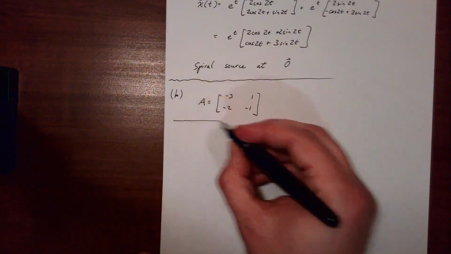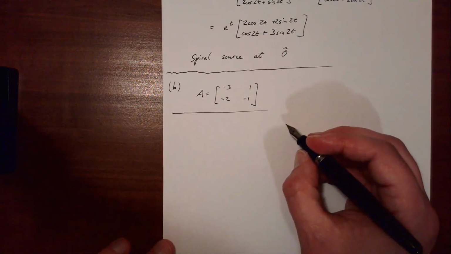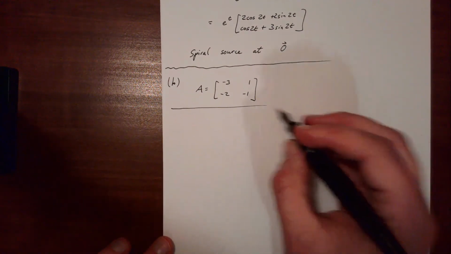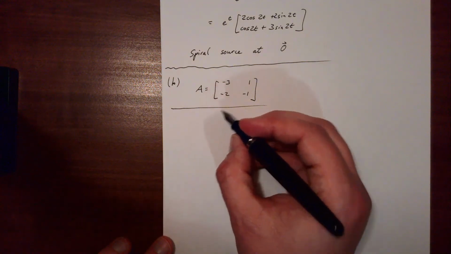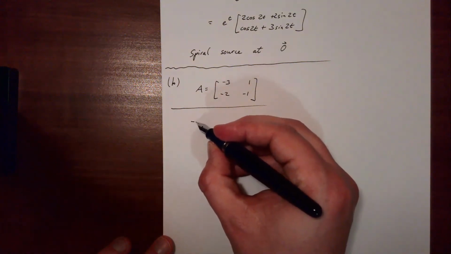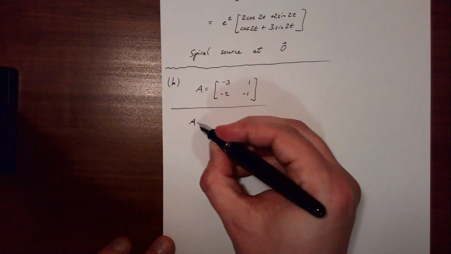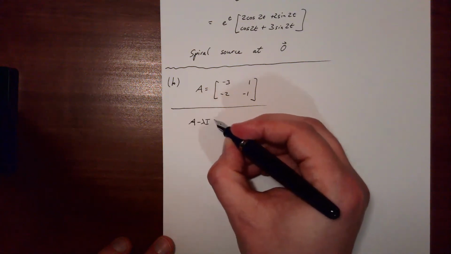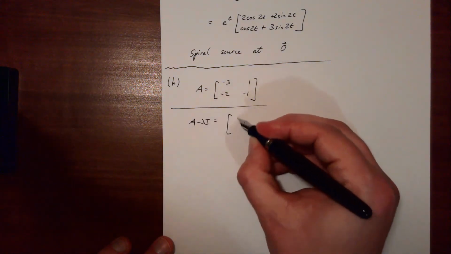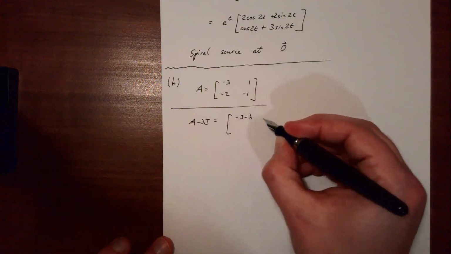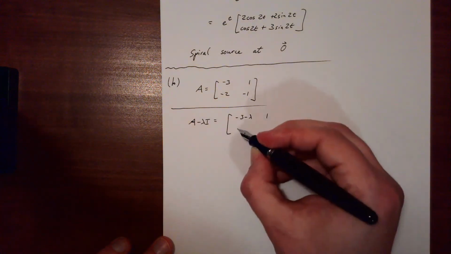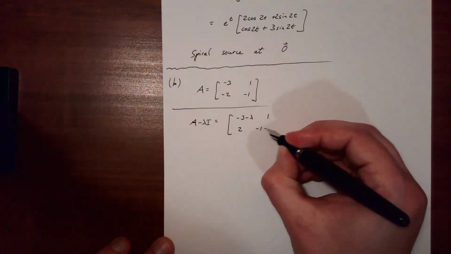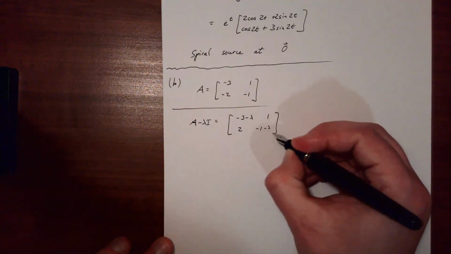So here now we can just see where this takes us. So A minus lambda I is going to be -3 minus lambda, 1, 2, and -1 minus lambda.